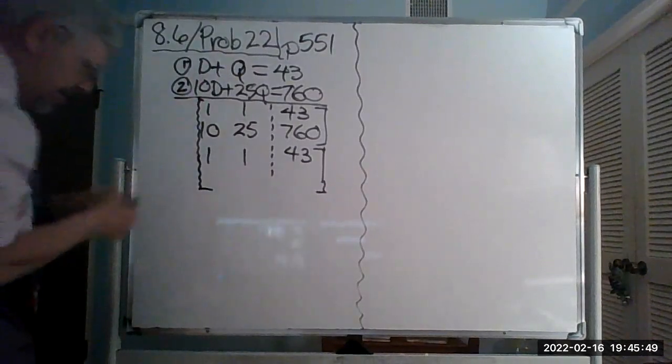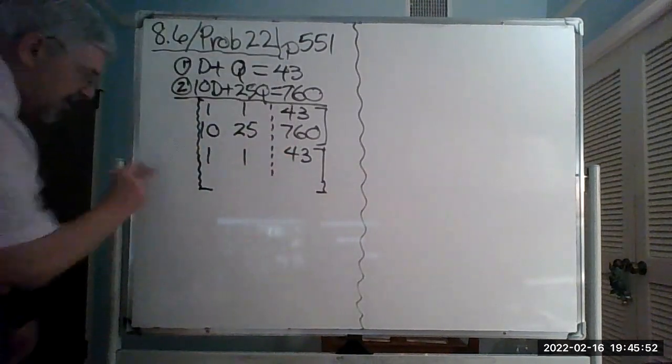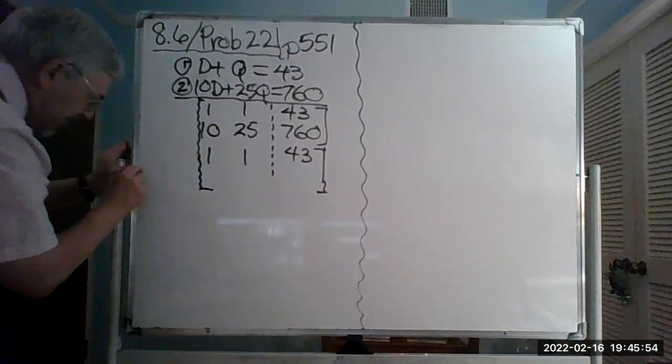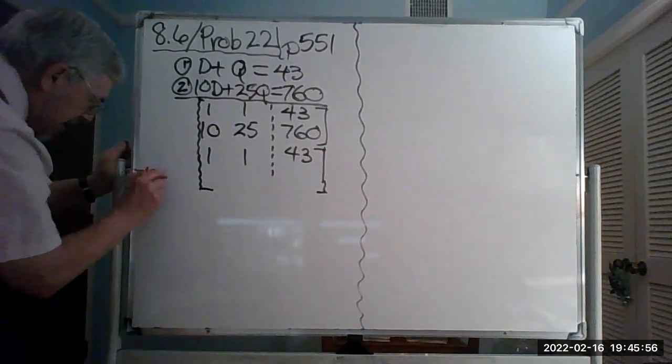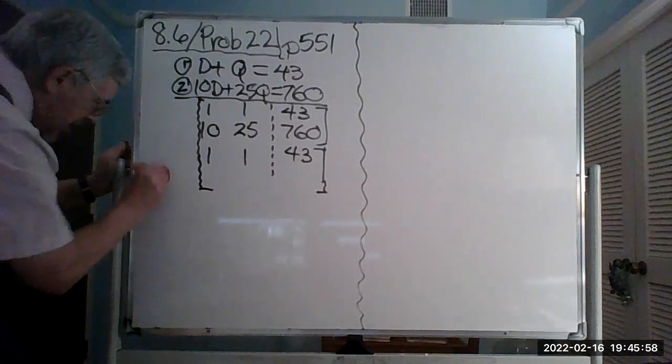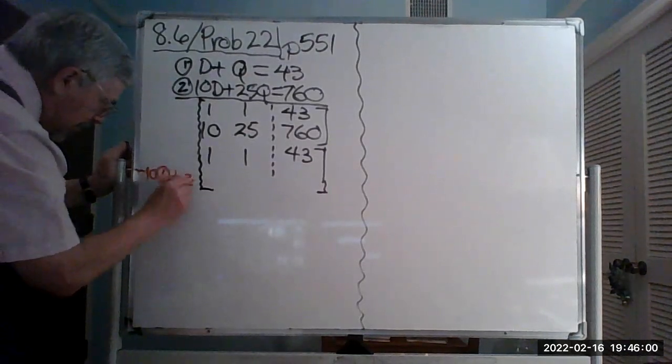Okay, good. So to get this row, I go -10 times row 1 plus row 2.